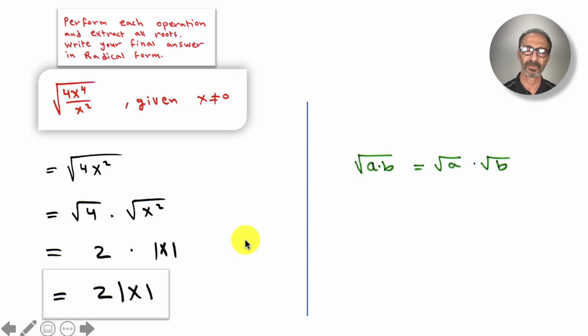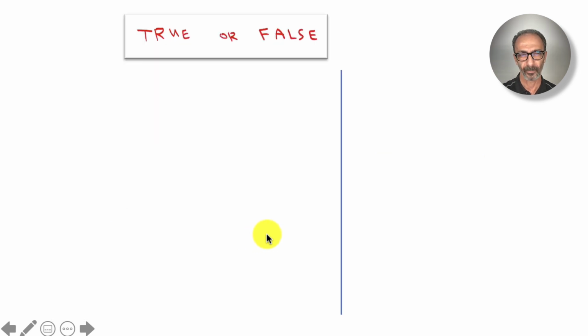Okay, my last part, true or false. Do you think this is true or false? 2 rad x plus 6 rad x equals 8 rad x. I think those are like terms, so we could combine them.